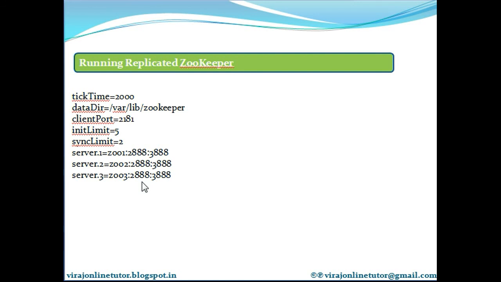Such a connection is necessary so that peers can communicate with each other, for example, to agree upon the order of updates. More specifically, a Zookeeper server uses this port to connect followers to the leaders.